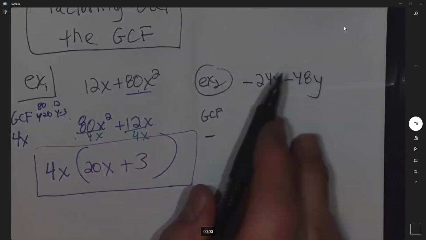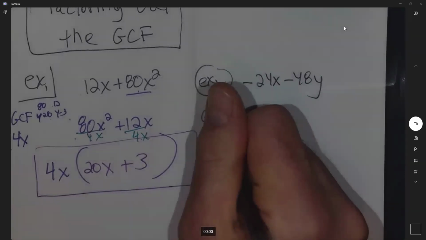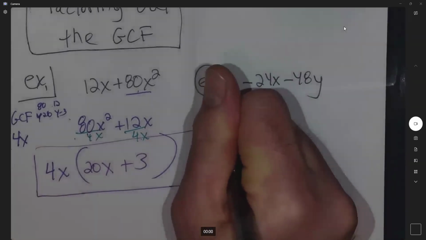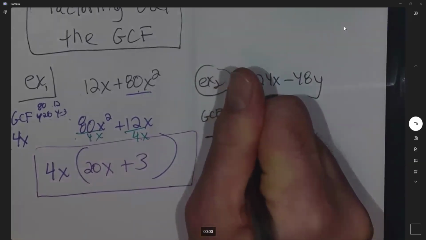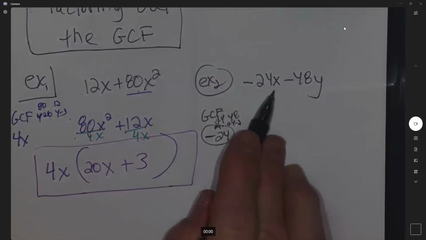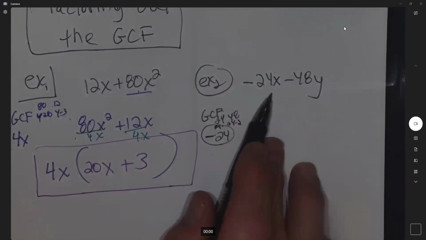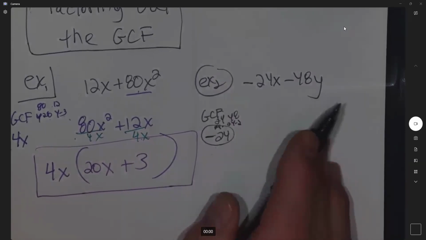So I'm going to pull out a negative, and between 24 and 48, I know 12 goes in, but 24 actually goes into both. So with 24, it'll be 24 and 1. With 48, it'll be 24 and 2. So I'm going to factor out a negative 24. In terms of the variable, I can't factor an x away from both because there's only an x here. I can't factor a y away from both because there's only a y here.